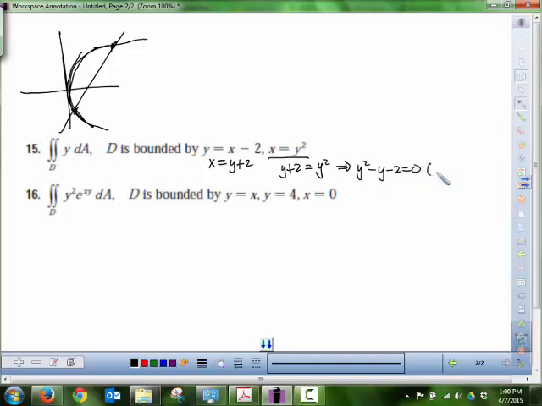So factoring this, we get y is equal to something plus 1, minus 2? Minus 2, plus 1. So our y values are -1 and +2.